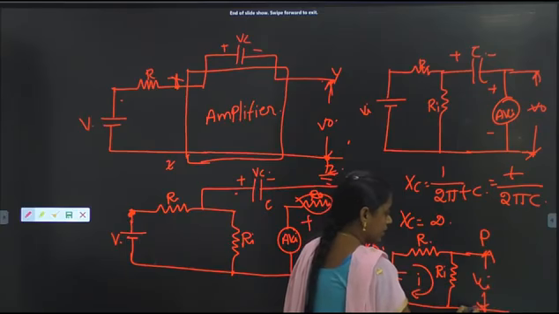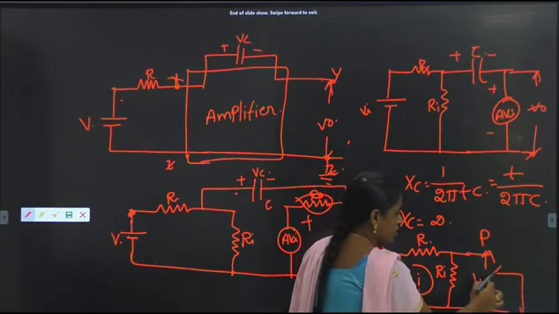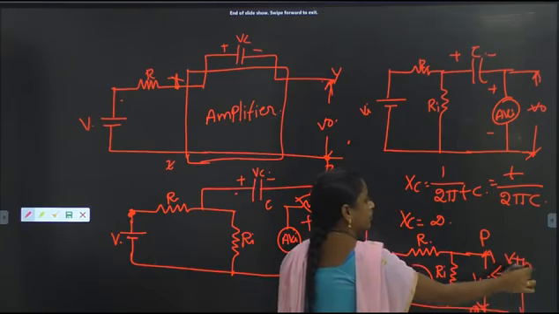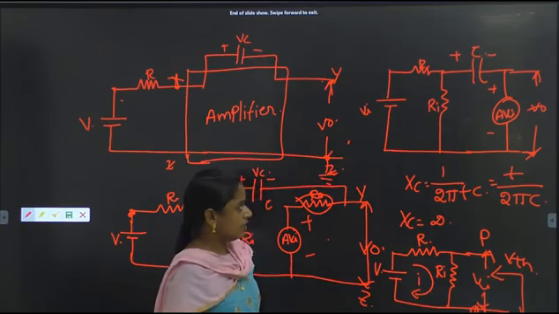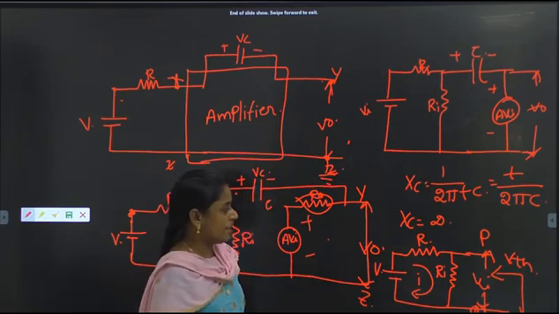I am representing the points with P and Q. So this is V Thevenin. I have to replace this capacitor with the open switch and take the P and Q values, which can be replaced with the V Thevenin.